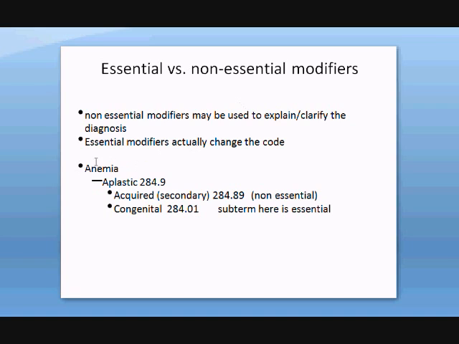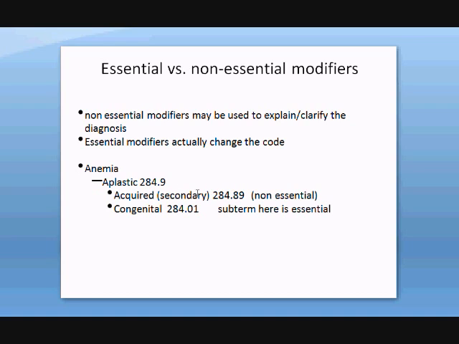Alright, so let's say for instance here we have anemia. Underneath the main term anemia, there is a subterm called aplastic anemia. And the code that it gives us is 2A4.9. Now, next to it, we have the word acquired. Right underneath aplastic, we have a subclassification term, acquired. Next to acquired, we have secondary, and then we have 2A4.89.